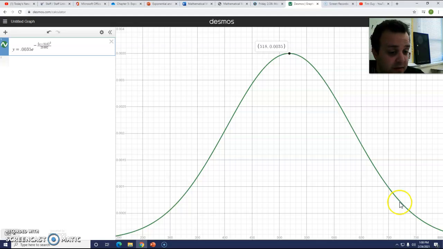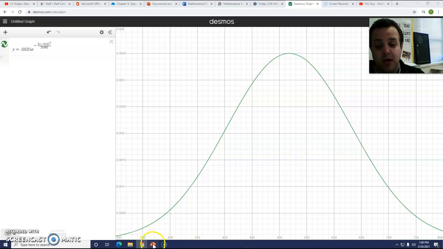From it falling about there, I would say about 80 to 90% of people would be below that. Remember, we have to include all the areas, all this room up here and under. I'd say probably about 90% of this curve is below that score right there. So we would say that score is in around the 90th percentile, okay? And that's sort of the estimate we're going to make.